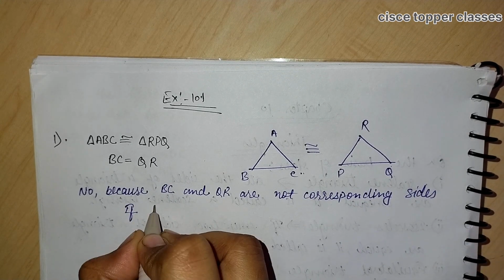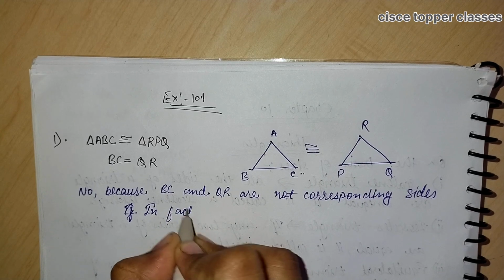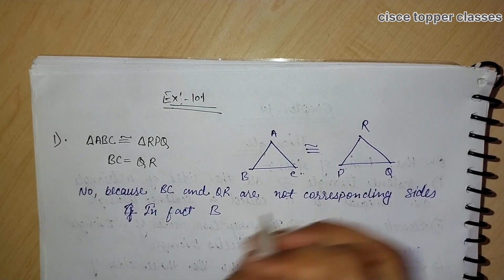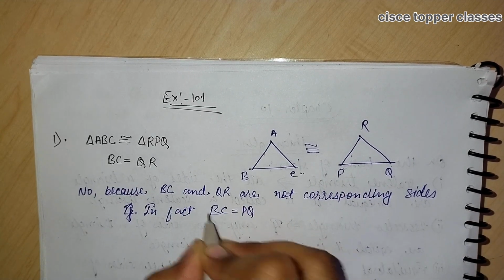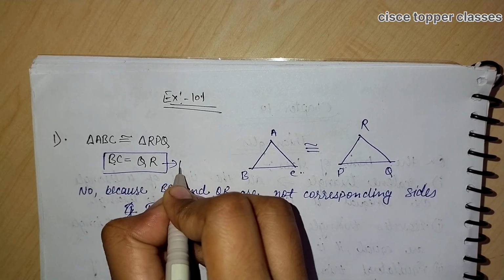In fact, sorry, BC is equal to PQ. So this is true, but the other is not true.